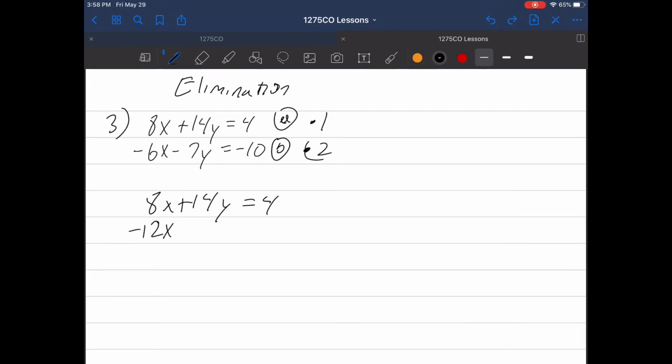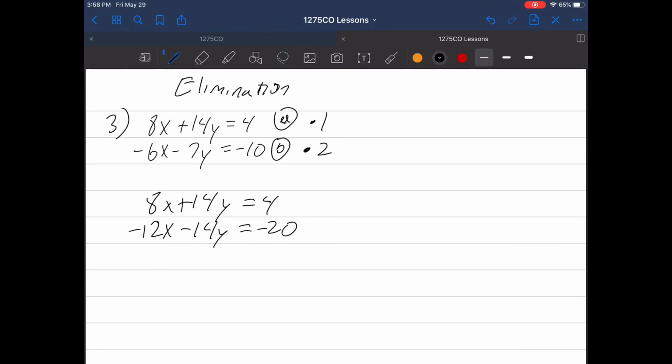So what we're choosing here is to multiply everything in equation B by negative 2. That's going to create a negative 12x minus 14y equals negative 20. And what we're looking for here is that the y variable has a plus 14 on equation A and a negative 14 on equation B. And this is exactly what we're looking for.